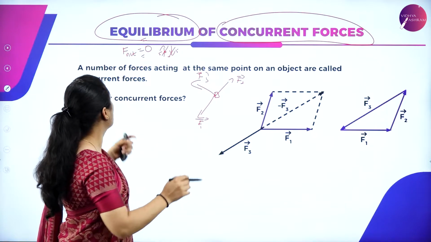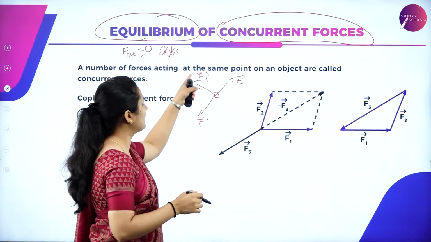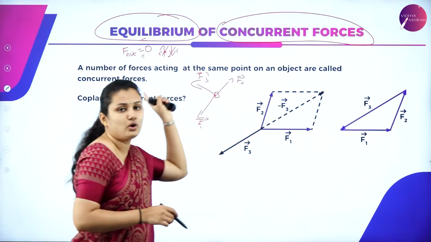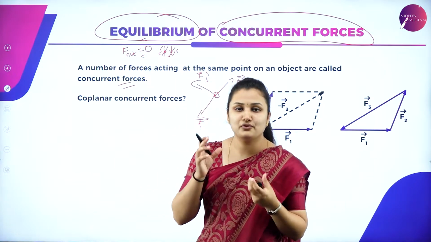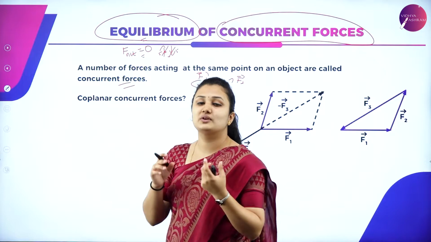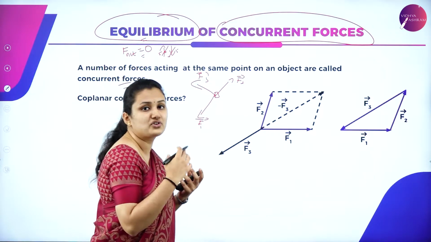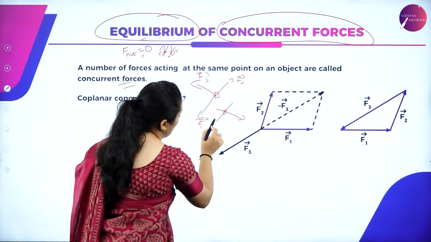That is called concurrent forces. A number of forces acting at the same point on an object is called concurrent forces. In a concurrent force system, many forces will pass through the same common point.